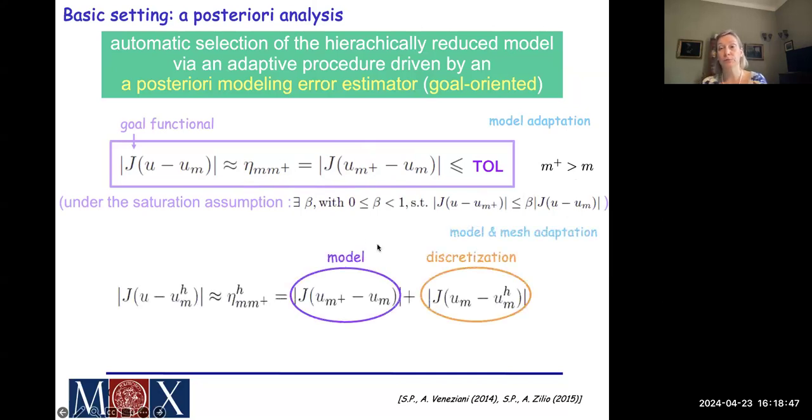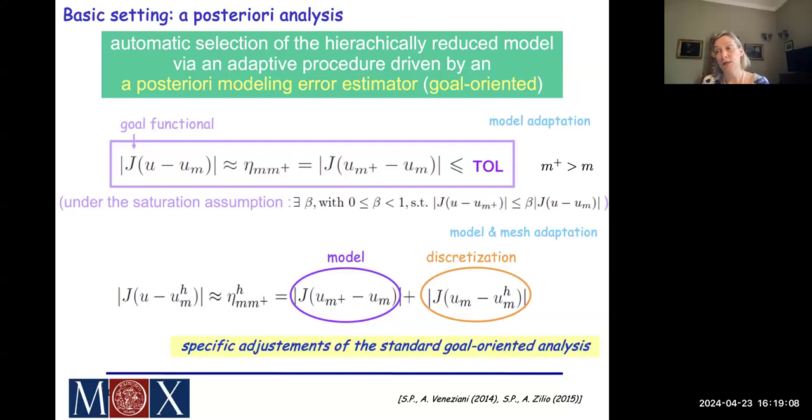But since you have not only to select the number of transverse modes, but also to identify, for instance, the finite element discretization of your mainstream, what you can do is to combine the control of the modeling error with the control of the discretization error by properly adjusting the standard goal-oriented analysis, for instance, for finite elements.